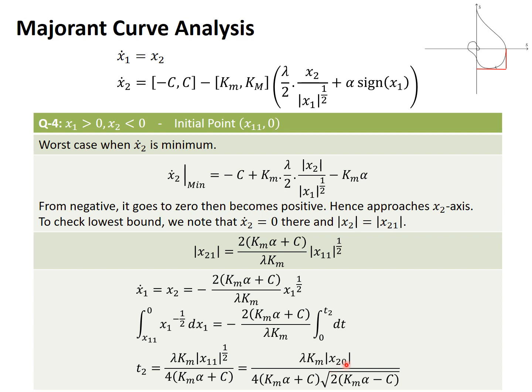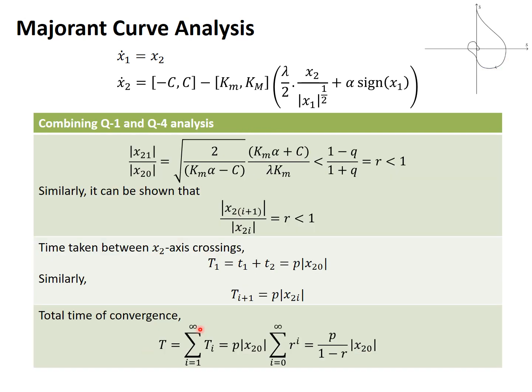Now we combine both Q1 and Q4 analysis. What we need to show is that the x21 by x20 ratio will be decreasing in nature.